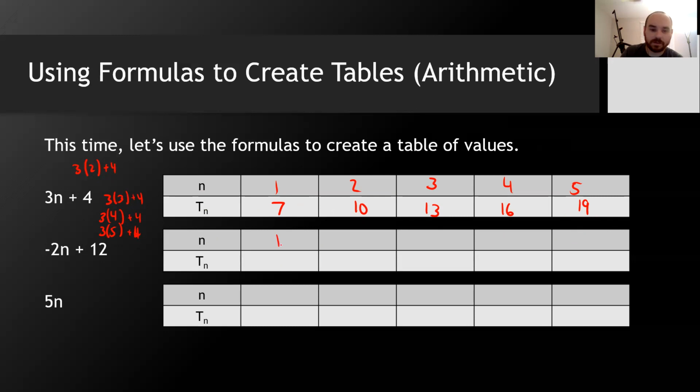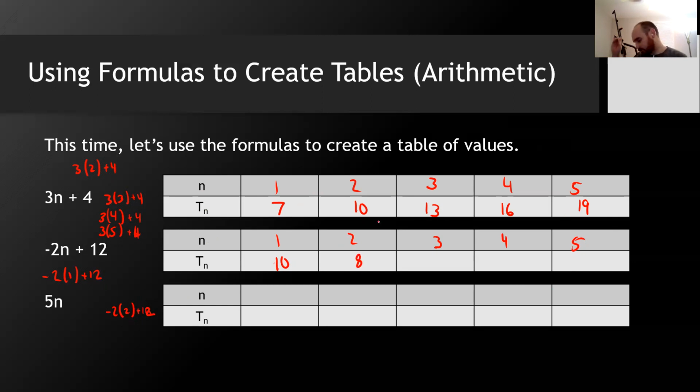So same idea here. We'll go 1, 2, 3, 4, and 5. So we're going to have -2 times 1 plus 12. -2 times 1 is -2 plus 12, that's 10. -2 times 2 plus 12. -2 times 2, that's -4 plus 12, that's 8.